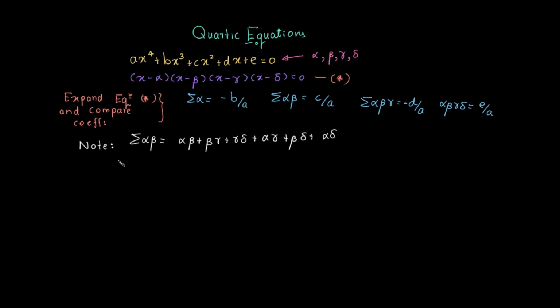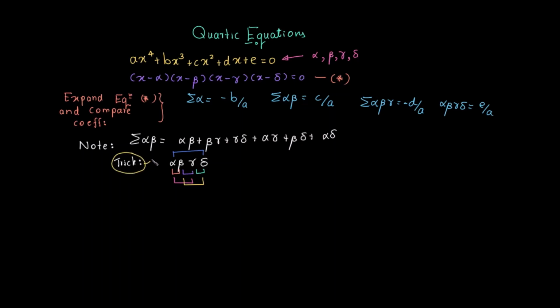That's sigma alpha beta. So the trick here is to write down the four roots and take them two at a time as I show you now. That's the easiest way to remember it.